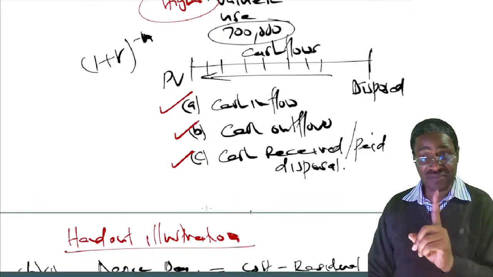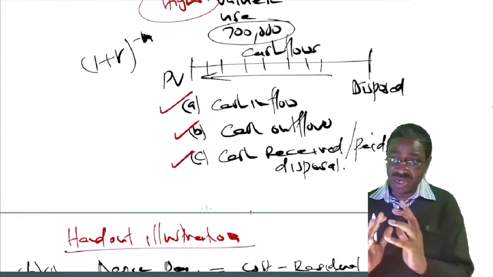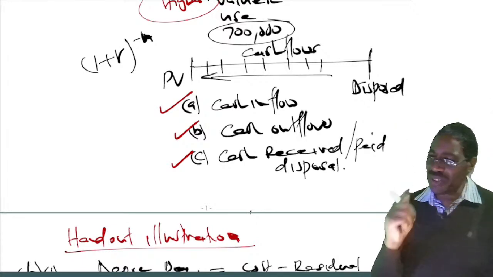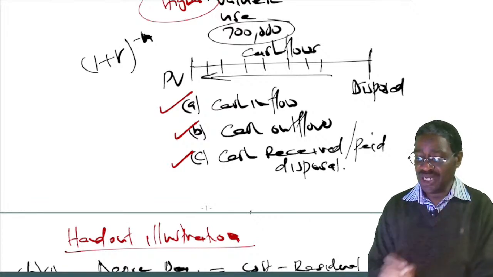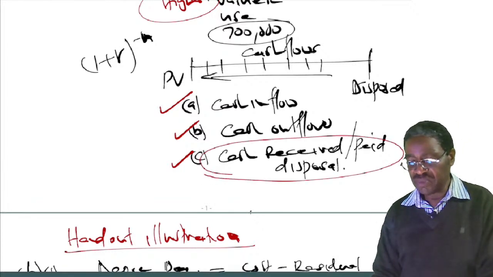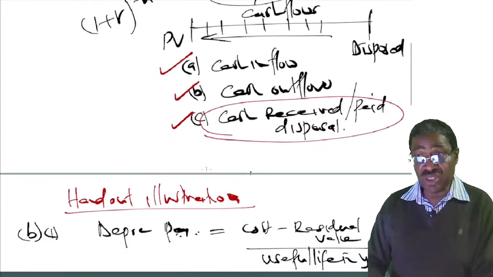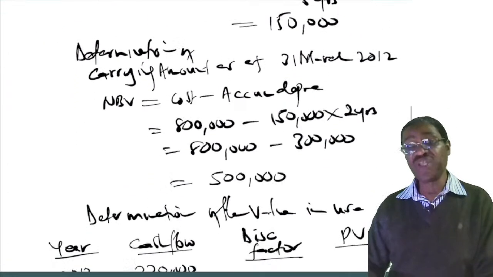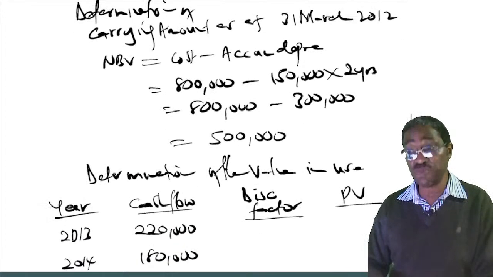Now listen. Unlike your past paper question, this question has tested us on something to do with the cash flow at the date of disposal.